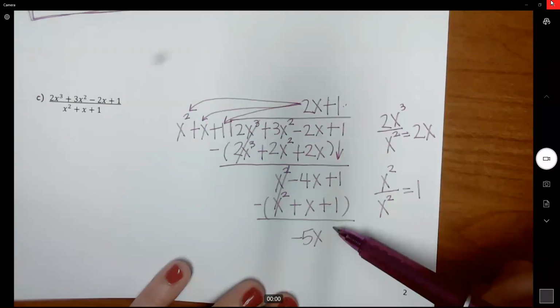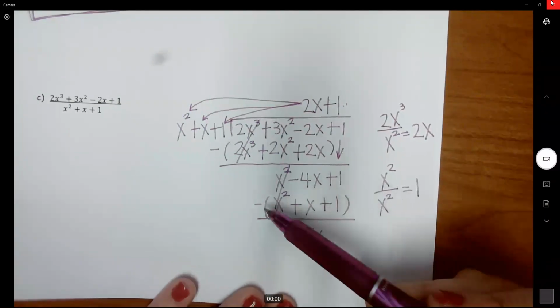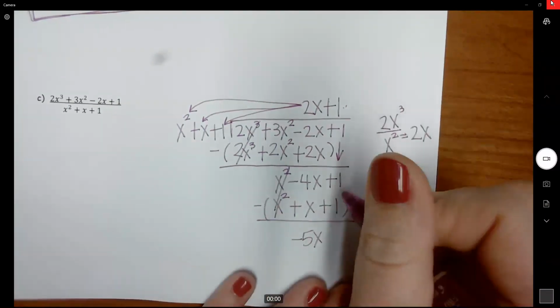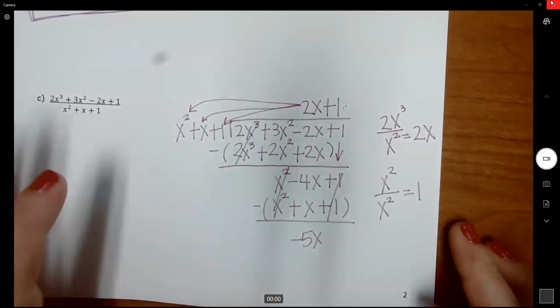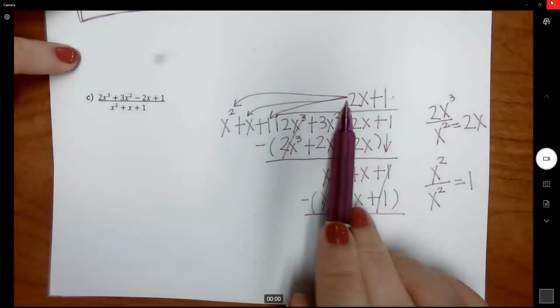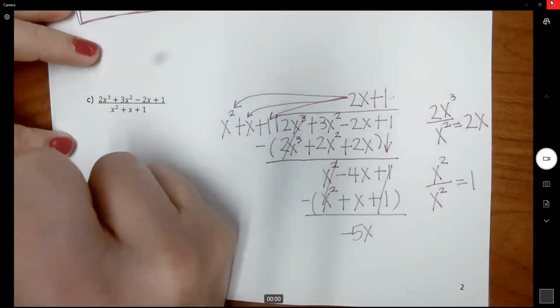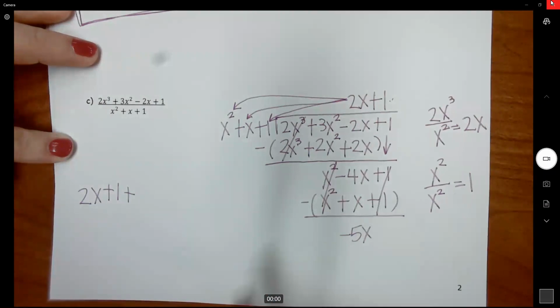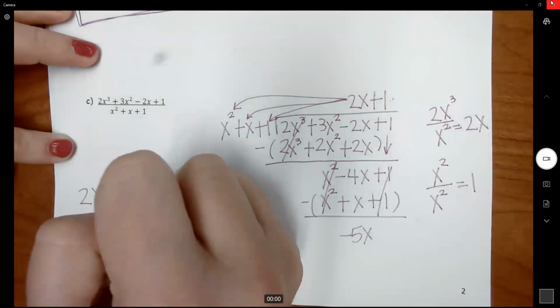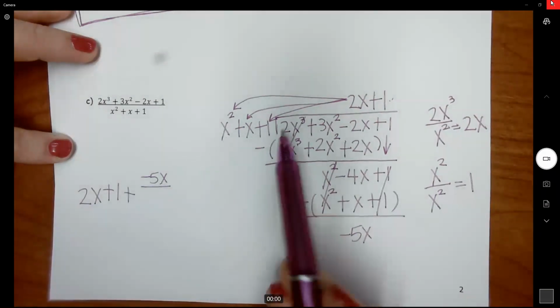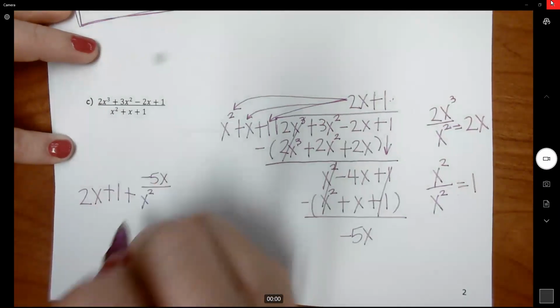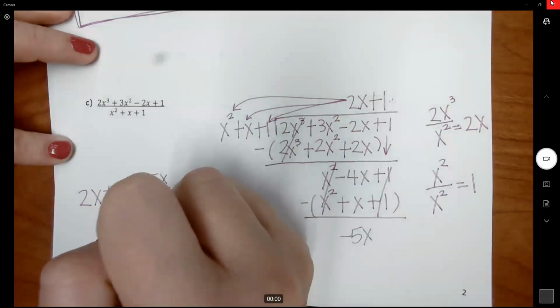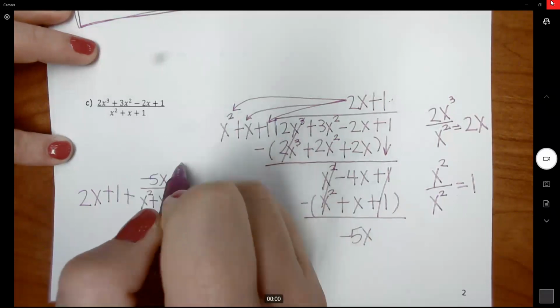And this is not 2. 1 minus 1 also cancels. So my answer is my quotient, 2x plus 1, plus my remainder, -5x, over my divisor, x squared plus x plus 1.